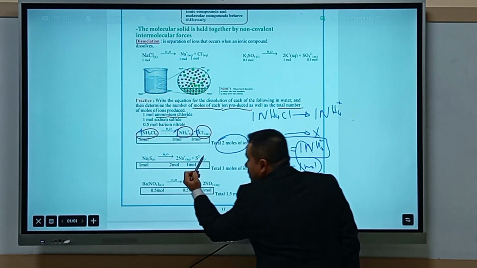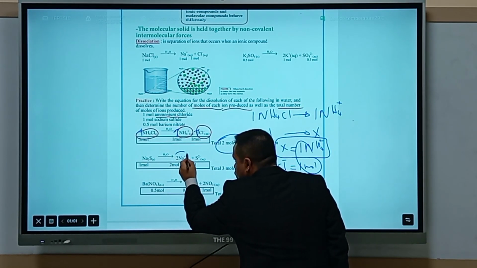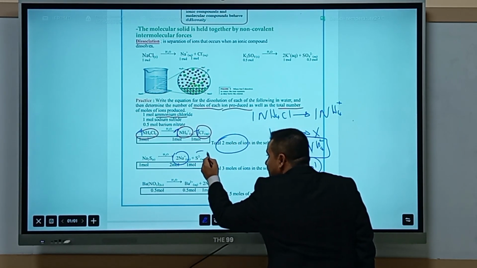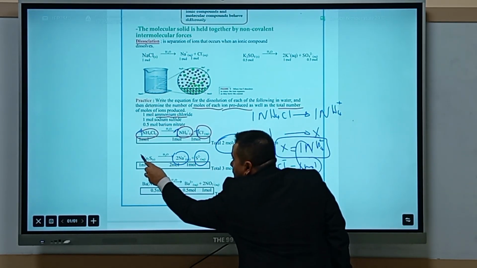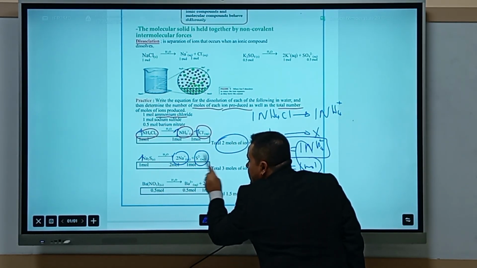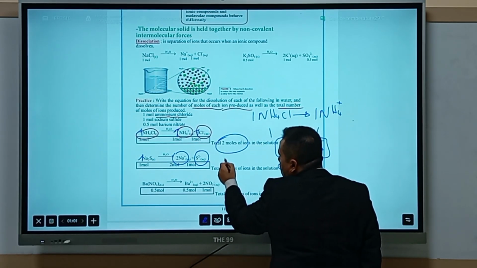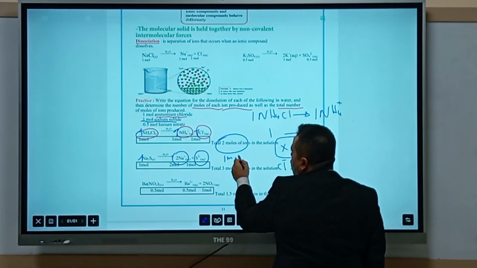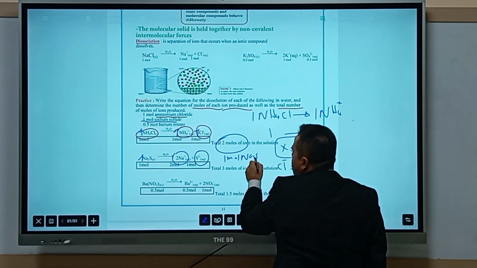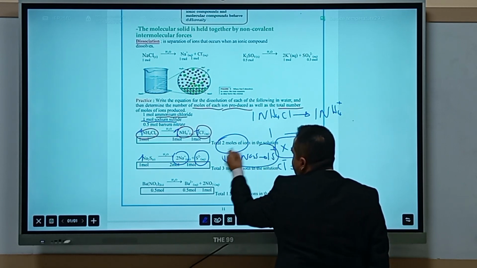But for the next example, Na2S produces 2 Na and 1 S negative 2. The coefficient of Na2S and S is the same. So we can say 1 mole of Na2S will produce 1 mole of S negative.